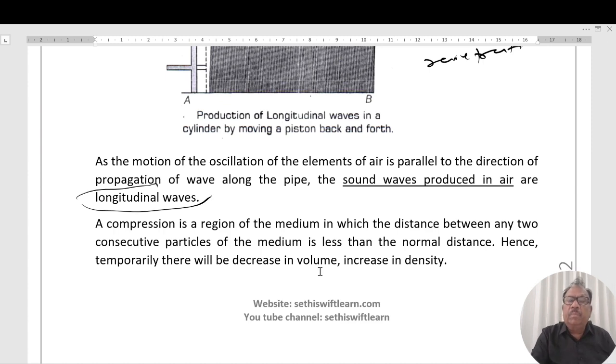What is compression? A compression is a region of the medium in which the distance between any two consecutive particles of the medium is less than the normal distance. Hence, temporarily there will be a decrease in volume and an increase in density. This is an important point.